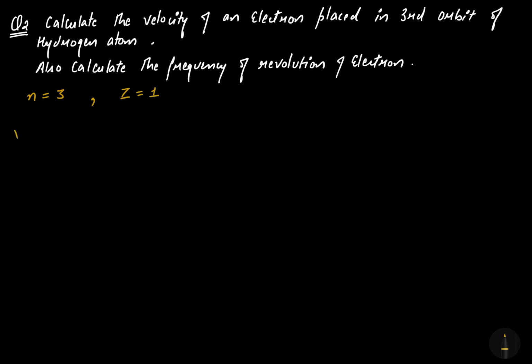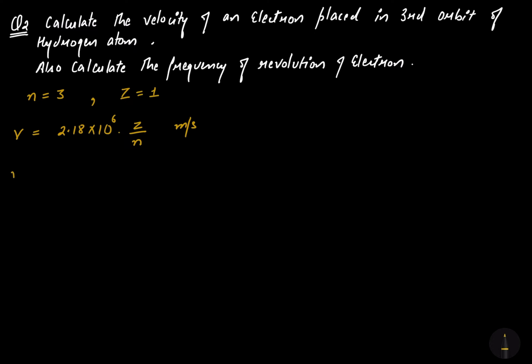What's the formula for the velocity in the Bohr atomic model? It's 2.18 into 10 raised to power 6 into z divided by n, and the unit is meters per second.